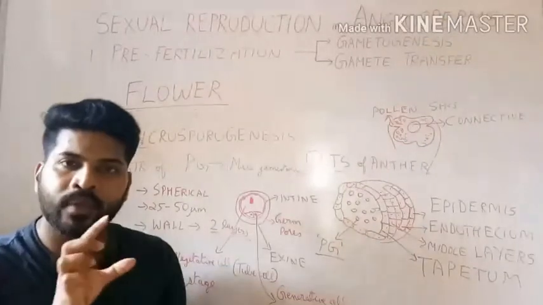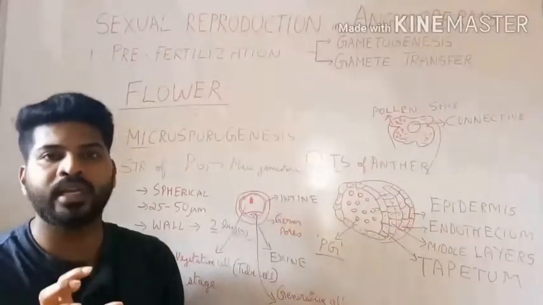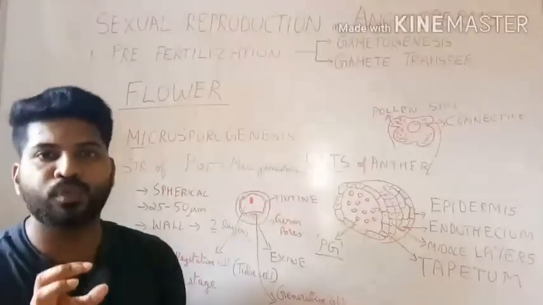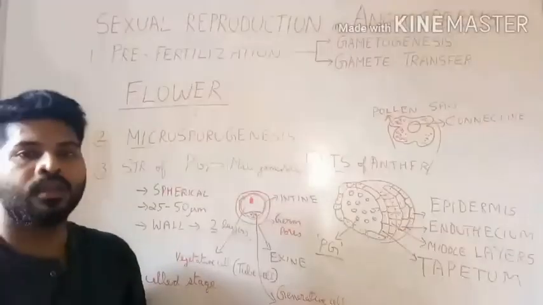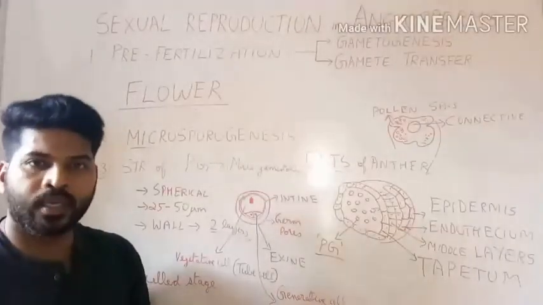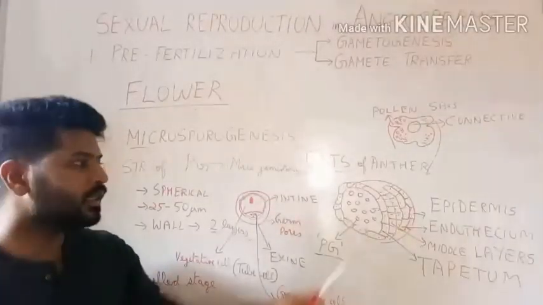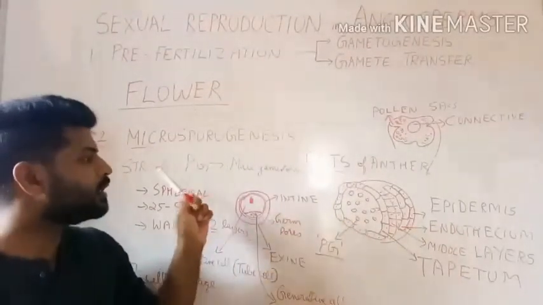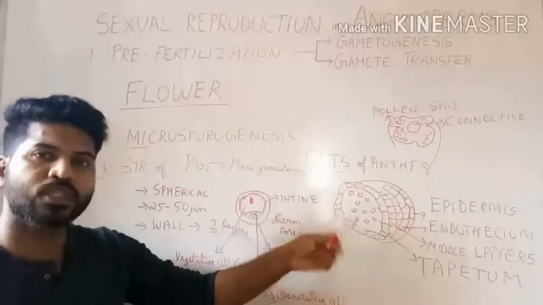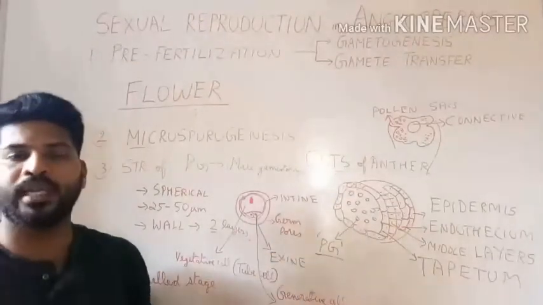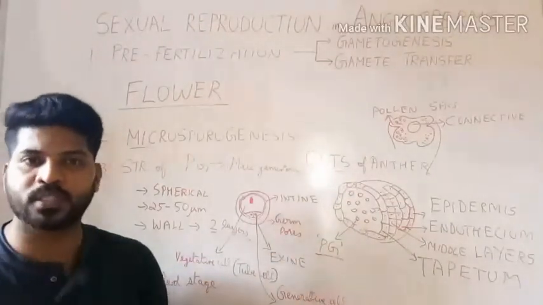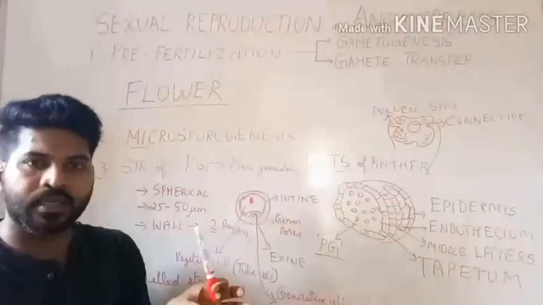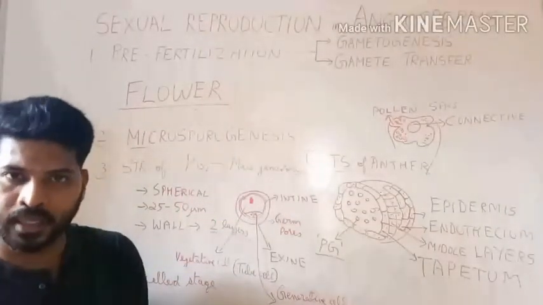Inside the tapetum we have a mass of undifferentiated cells called the sporogenous tissue. When plants undergo maturity, each cell in the sporogenous tissue acts as a pollen mother cell. It undergoes meiosis to produce a tetrad of microspores. These microspores then separate and produce pollen grains.